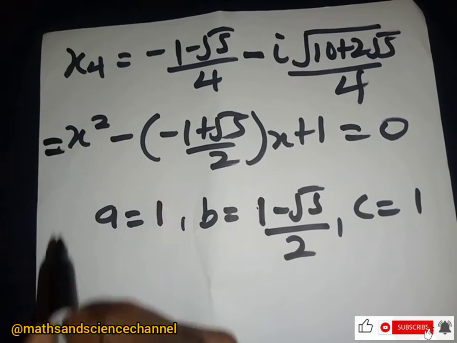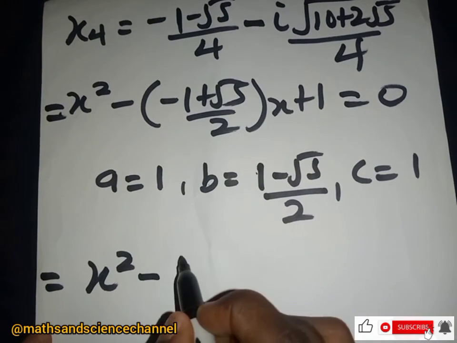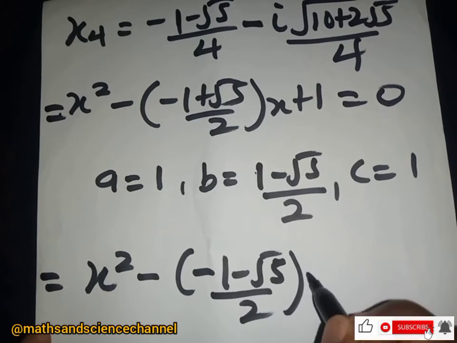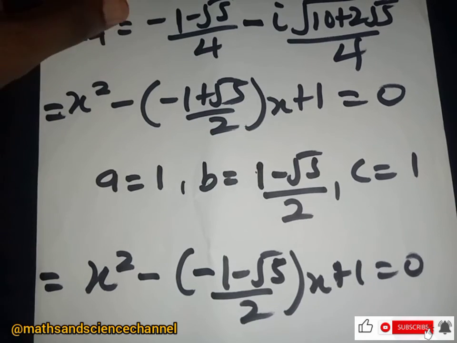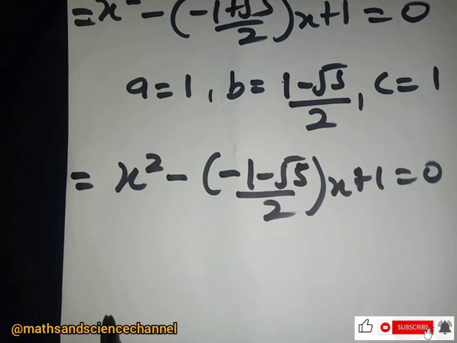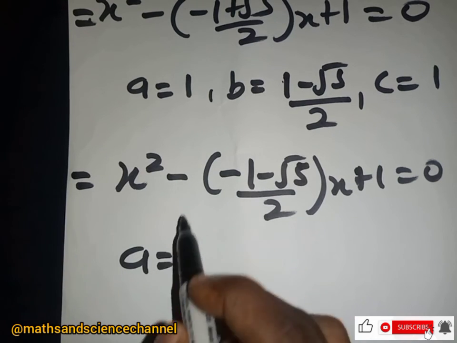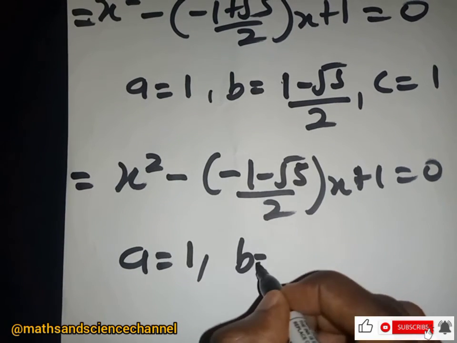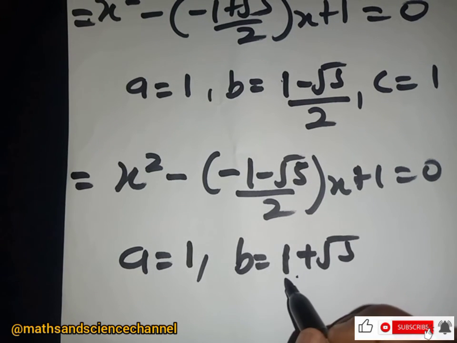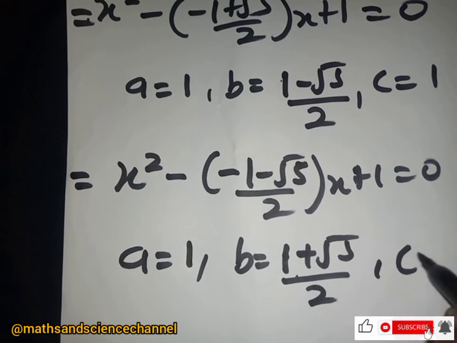That is for the first part. Now for the second part, we had x squared minus 1 minus root 5 here, divided by 2 x plus 1 being equal to 0. So something like this. You can also try solving the third and the fourth possible values of x that we had, where a is just the coefficient of x squared, which is 1 here, and over here b will just be 1 plus square root of 5 here, divided by 2, so that will be for b, and then c here is just 1.